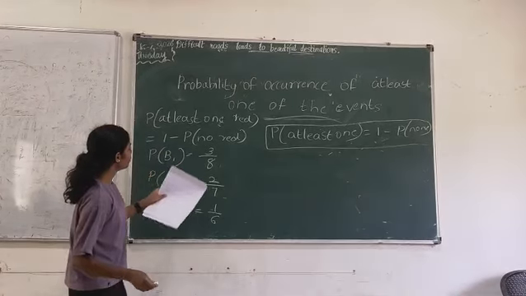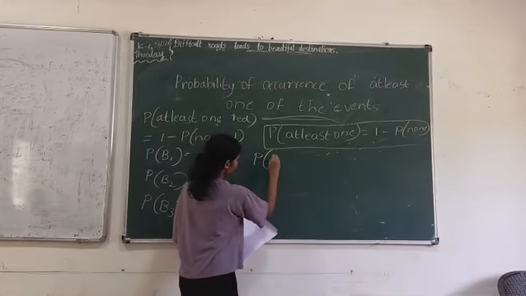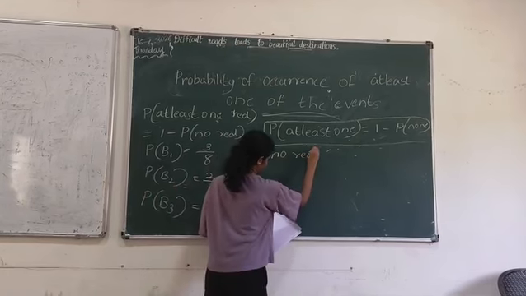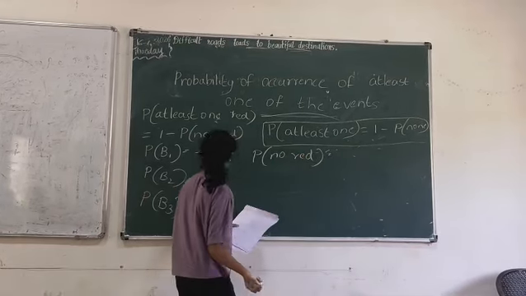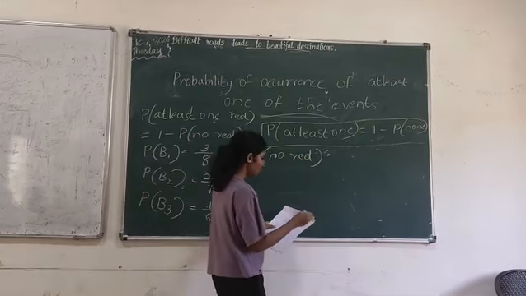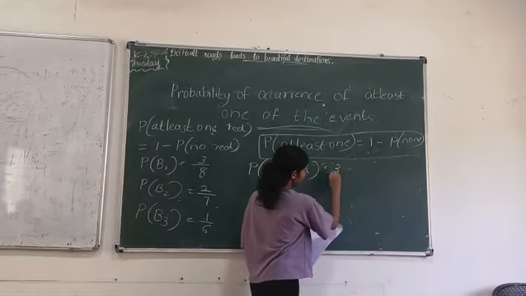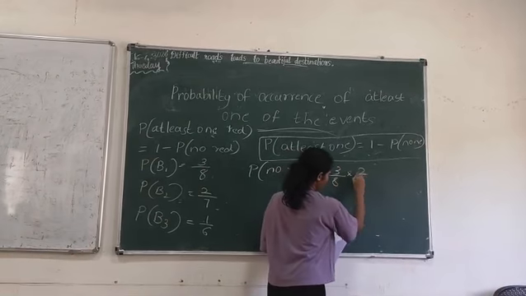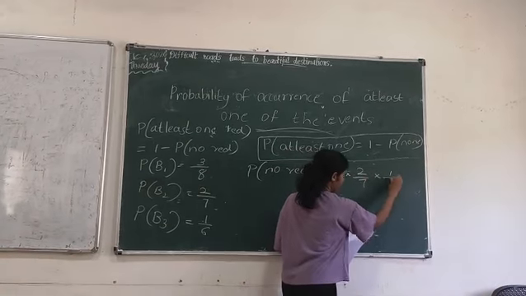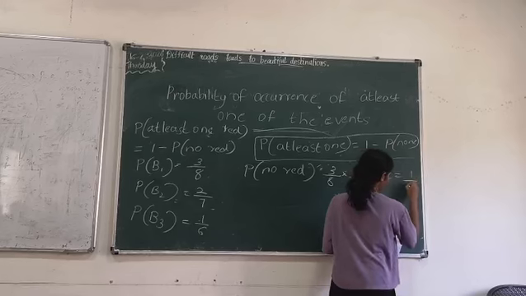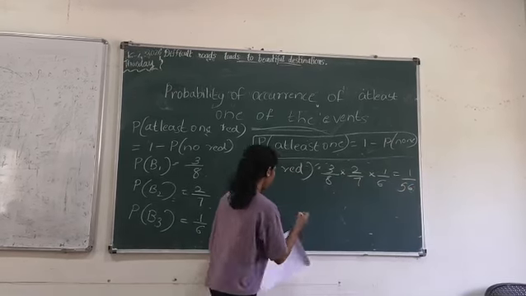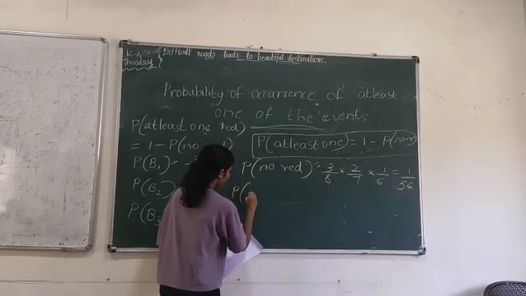So probability of no red, probability of all should be blue, is 3 by 8 into 2 by 7 into 1 by 6.